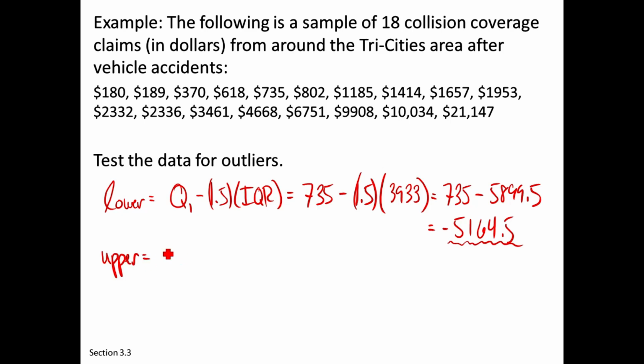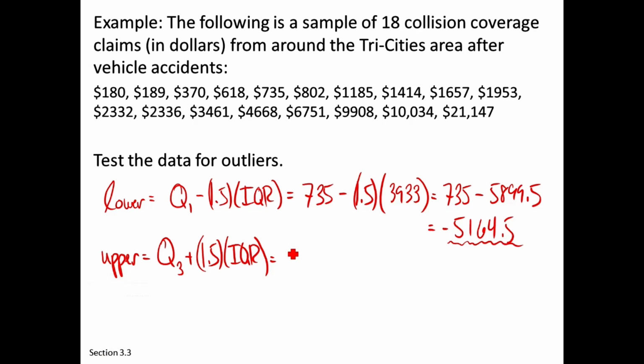Because your upper bound is Q3 plus 1.5 IQRs. Q3 was, what number was it? 9908? Wasn't that our Q3? I think it was. Oh, it's 4668. I'm making stuff up. It's 4668.